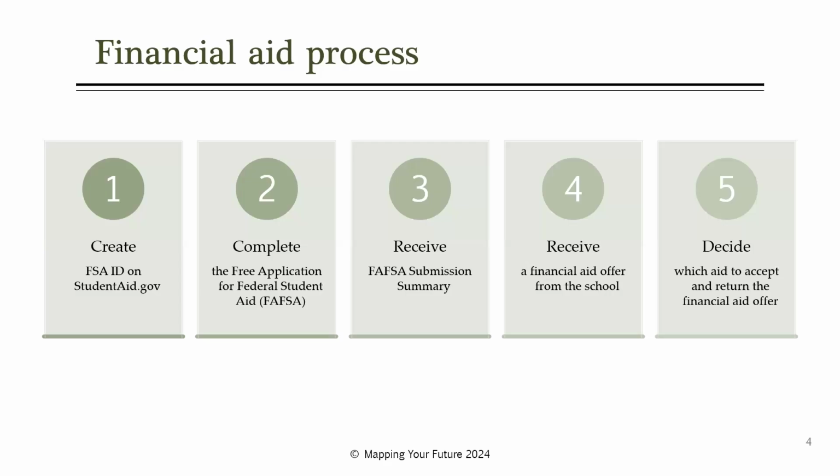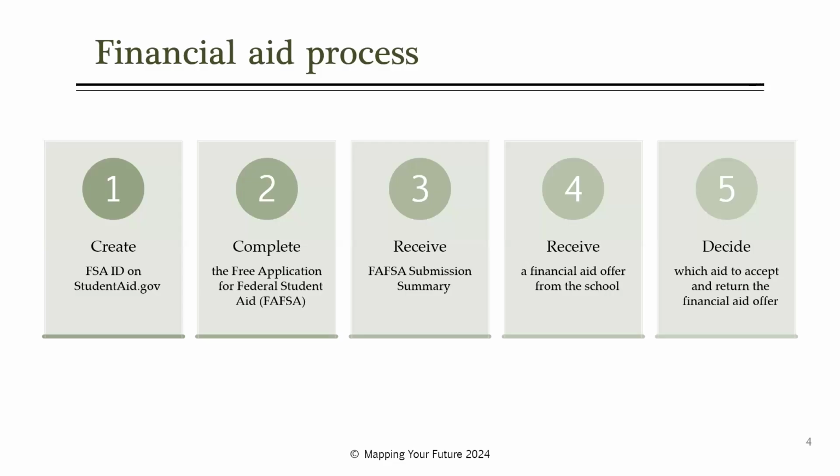Step 2, you're going to complete the Free Application for Federal Student Aid, or the FAFSA. Then you will receive your FAFSA submission summary. Towards the end of this presentation, we will look at the FAFSA submission summary up close so you can get a good idea of what kind of information it will tell you. Step 4, you're going to receive and review your award letter from the school.